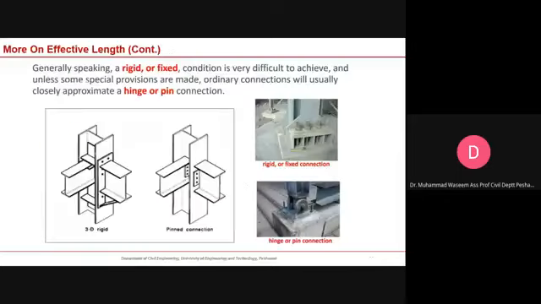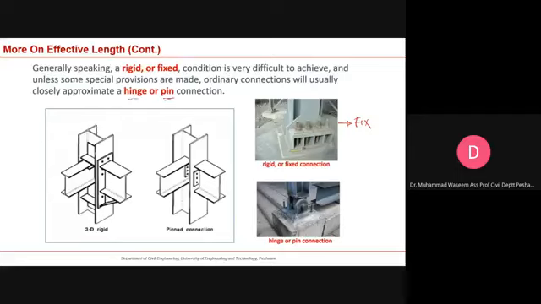If we go to this slide, this fact has been explained here. This is an example of fixed support, and this is an example of hinge support. It is difficult to achieve the fixed or rigid condition in the field. Although it is possible to provide special provisions so that we can model the member with fixed support, ordinary connections will usually be closely approximated by the hinge or pin condition.